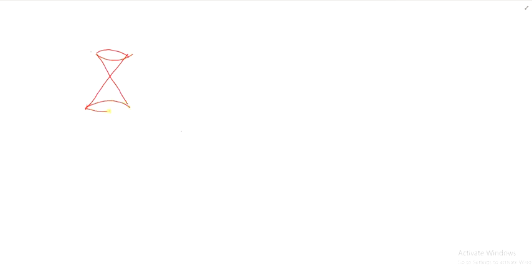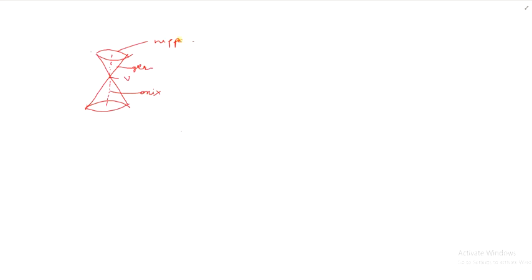I have told you their point of intersection is called the vertex V. These two lines are called generators, due to which the cone is generated. The line which is passing through the centers of these two circles and through the vertex, perpendicular to them, is called the axis of the cone, and these two parts of the cone are known as nappes.